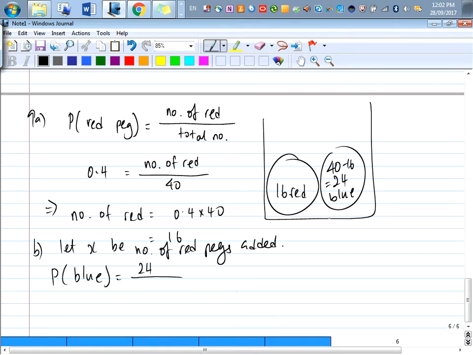How much is the total now? 40 plus X. And how much is this supposed to be? Yeah, it's supposed to be 1 over 5 according to the question, because that's 0.2. So we form an equation already. We solve for the unknown. 40 plus x is equals to 5 times 24. X will therefore be 80. Okay?